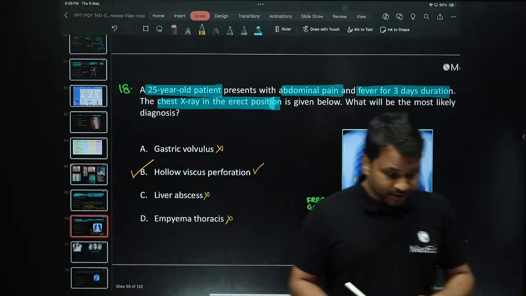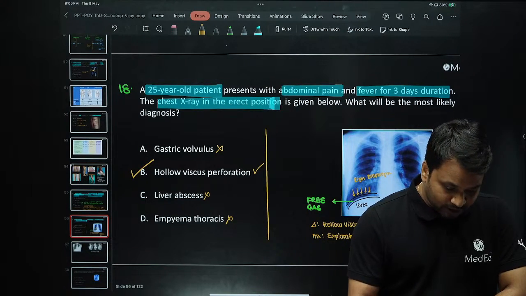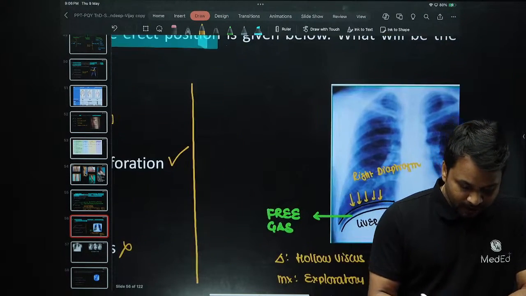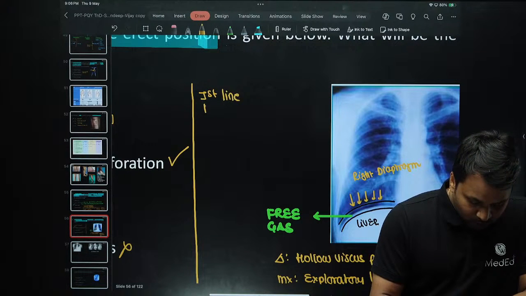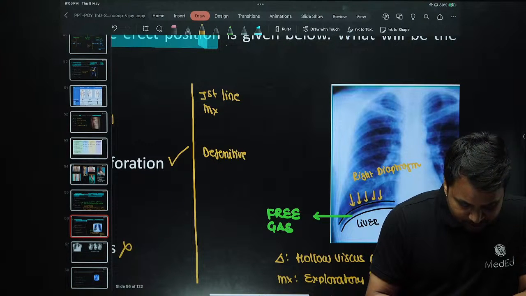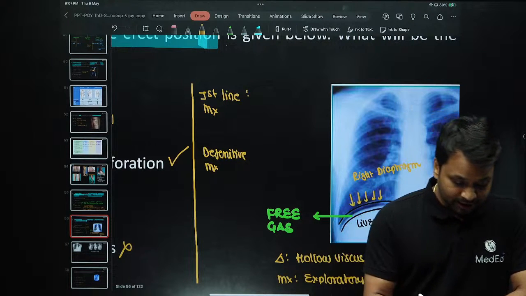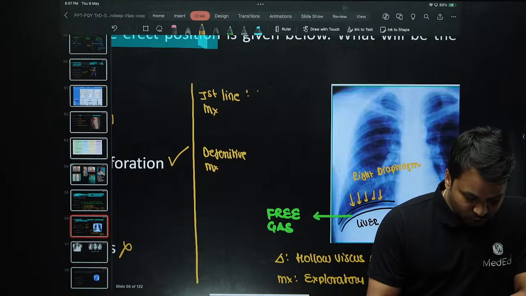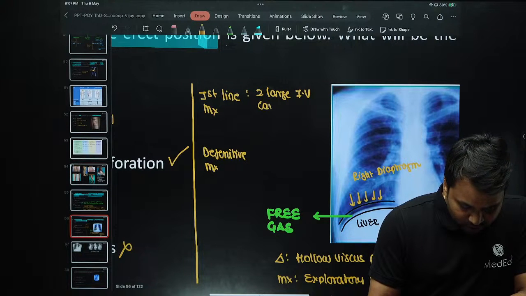A good question is, what is the immediate management? Now, what is the most likely diagnosis? There are two questions. What is the first line management and what is the definitive management? Because hollow viscus perforation patients will present to you with hemodynamic instability, start the patient on 2 large IV cannula with IV fluids.